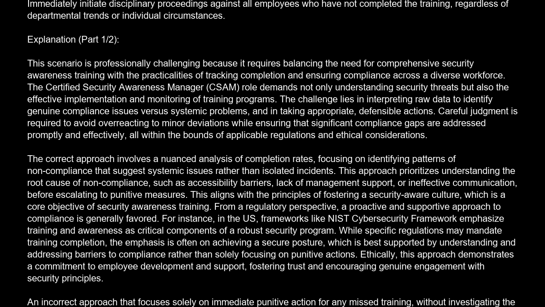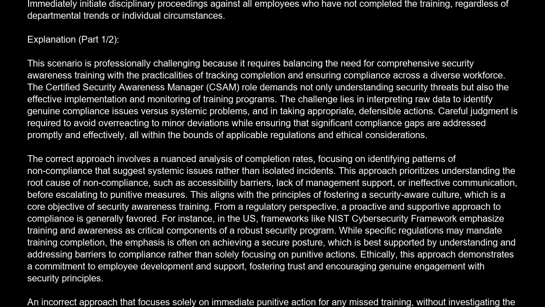The challenge lies in interpreting raw data to identify genuine compliance issues versus systemic problems, and in taking appropriate, defensible actions. Careful judgment is required to avoid overreacting to minor deviations, while ensuring that significant compliance gaps are addressed promptly and effectively, all within the bounds of applicable regulations and ethical considerations.